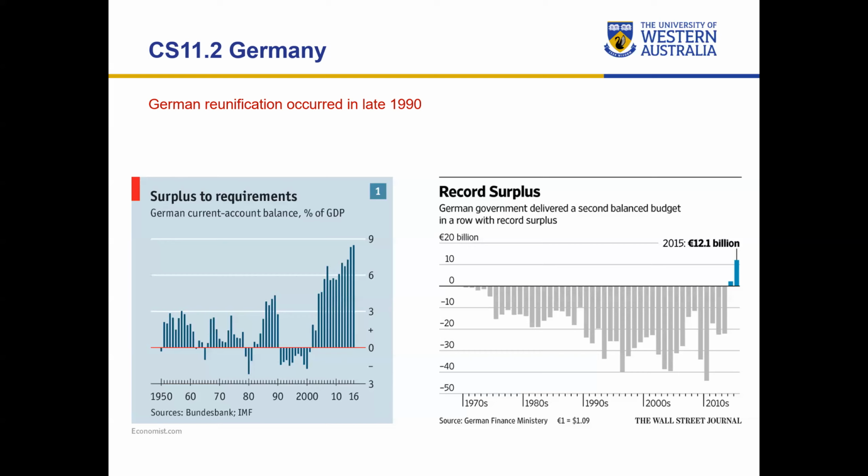Or could it be that the Germans all of a sudden, from one year to the next, decided that they wanted to massively increase their imports of foreign goods, maybe go on holiday somewhere overseas?